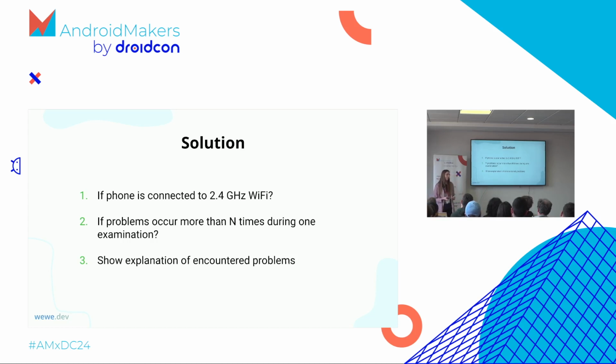We couldn't resolve this problem in the background. We couldn't say, okay, you have this network in your access point, just switch them in the background. We could educate these people.